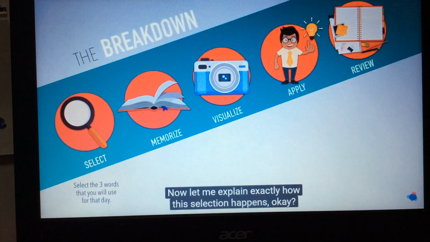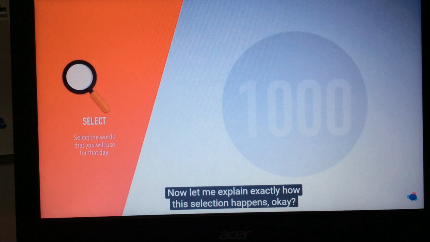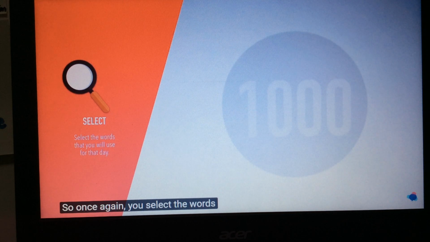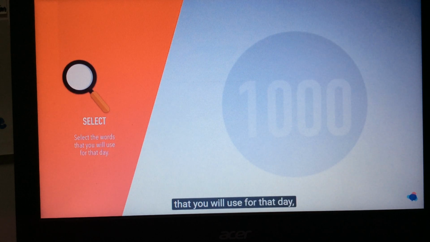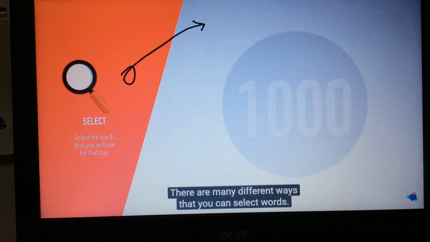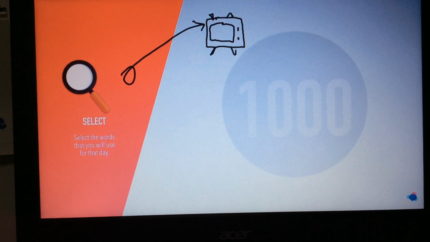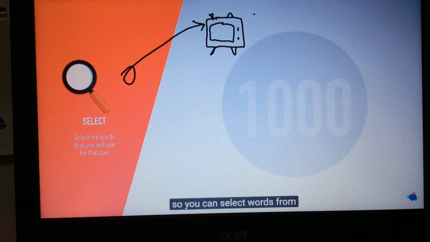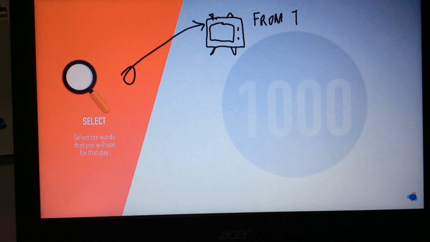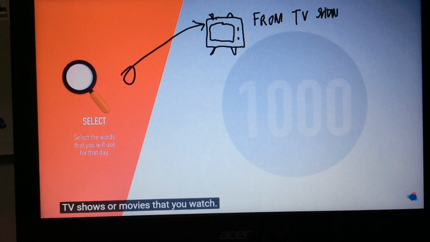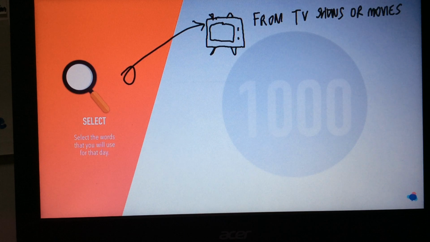Now, let me explain exactly how this selection happens, okay? So once again, you select the words that you will use for that day. This is how it's going to happen. So let's start right here on top. There are many different ways that you can select words. Let's say, for example, that you are watching something on TV. So you can select words from TV shows or movies that you watch, okay?